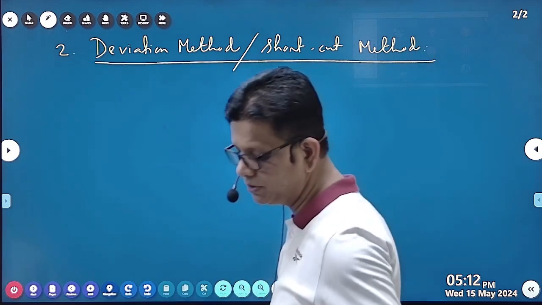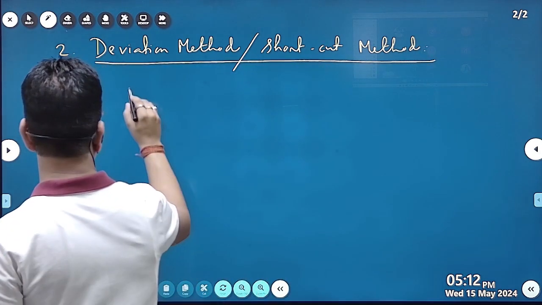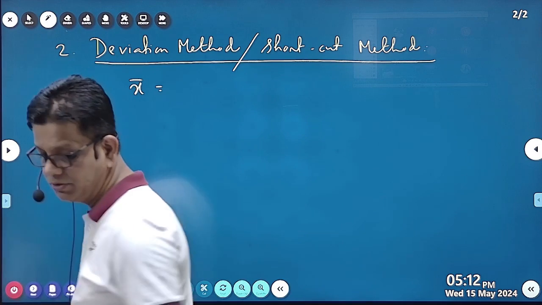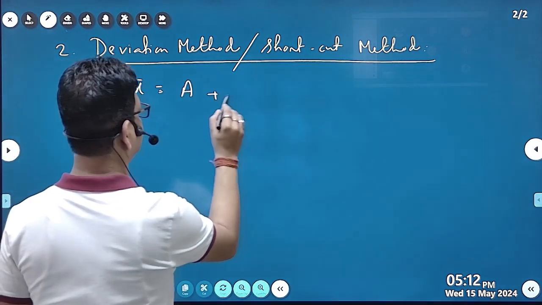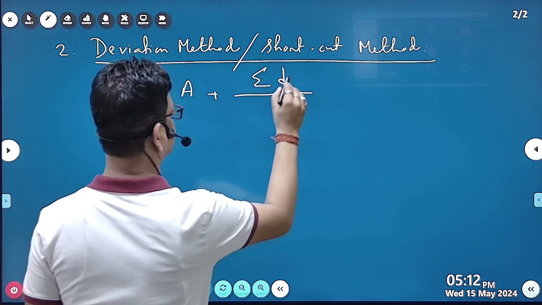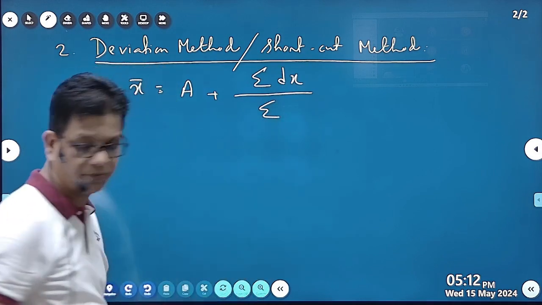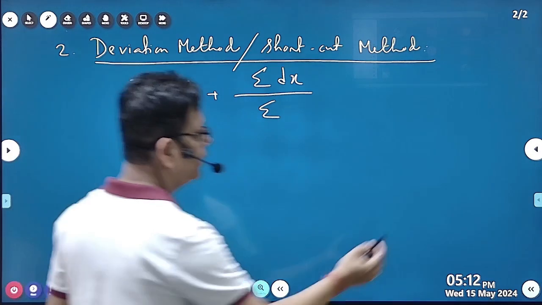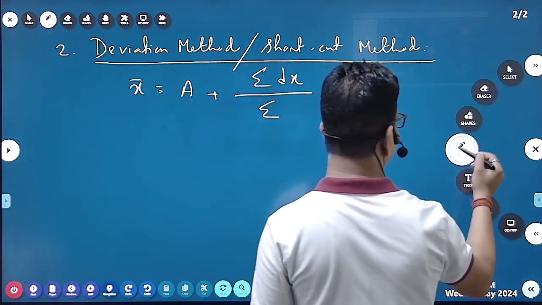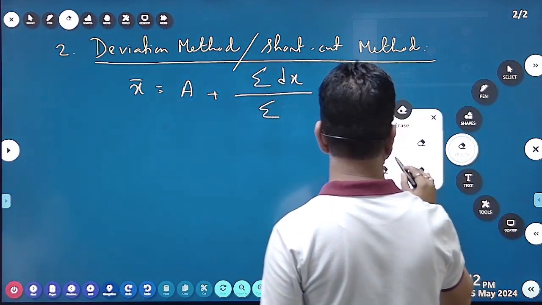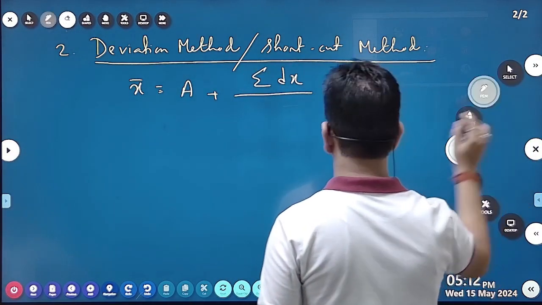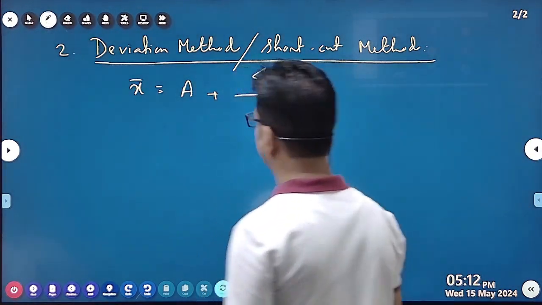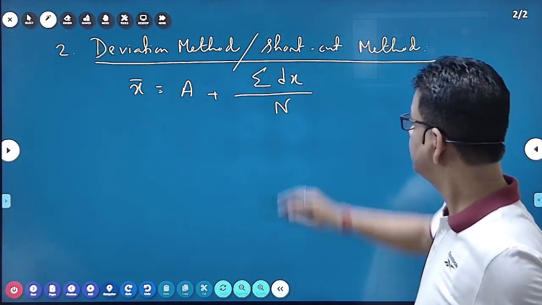There are different symbols that can be used. In our book, it is given x bar is equal to a plus summation of dx divided by summation of f, or here they have written only n. Now, if you observe this method, once again, discrete data.